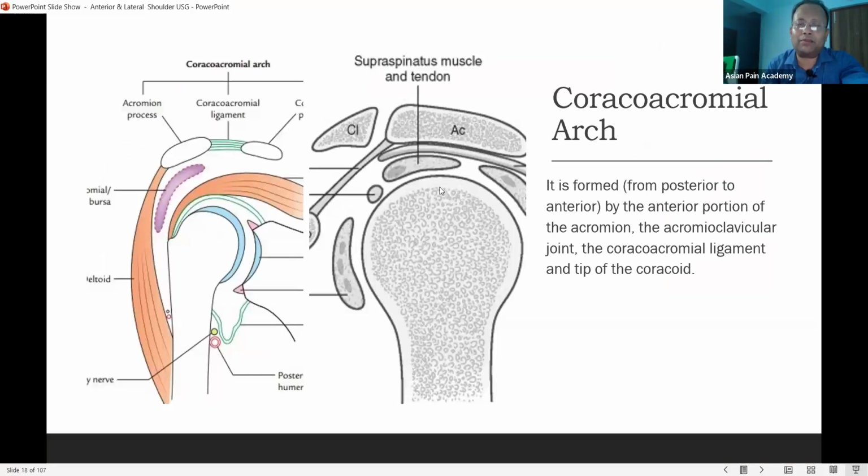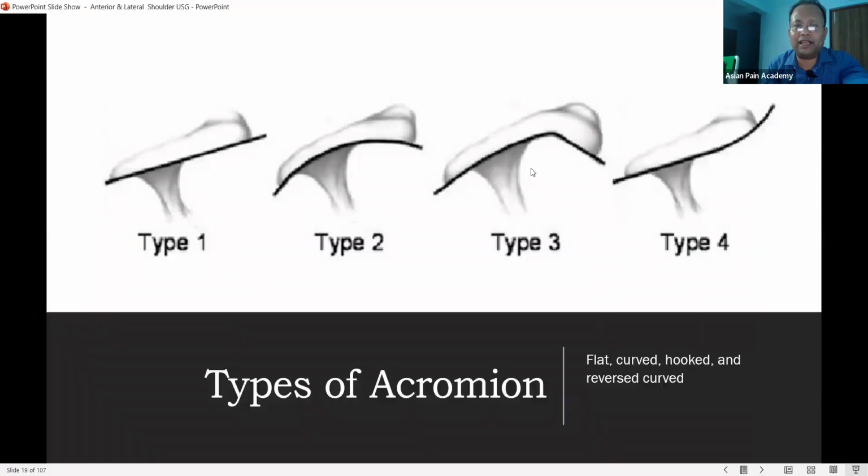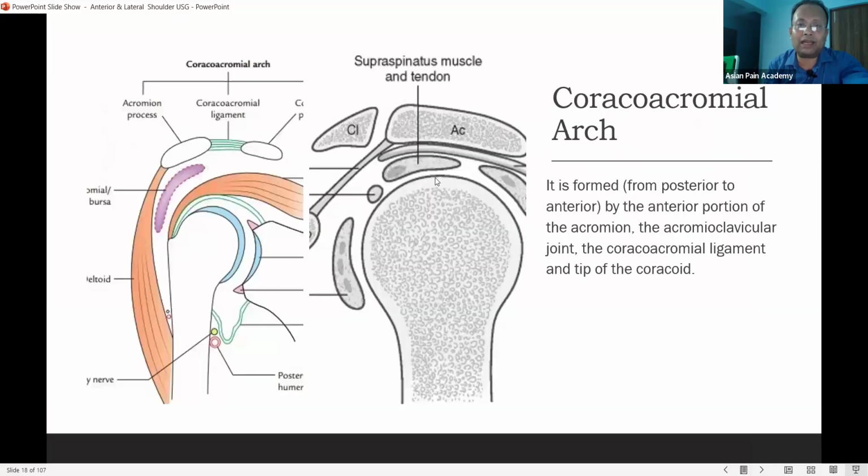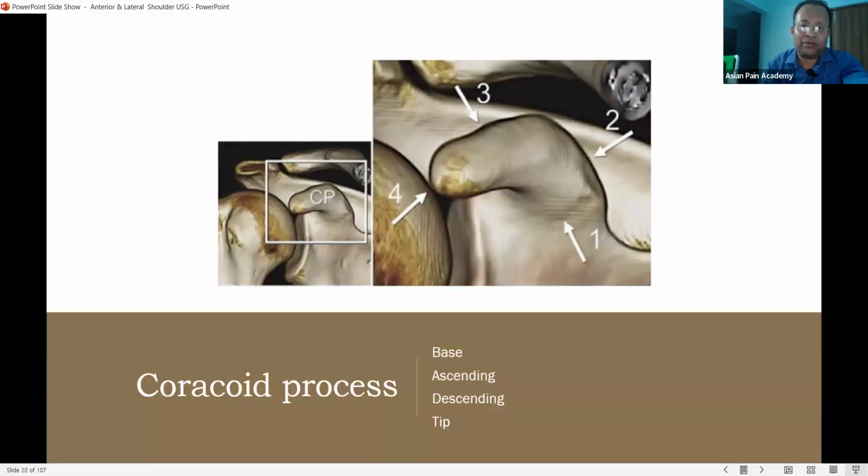That is important for the space between the coracoacromial arch and the head of humerus. So you can understand, the acromion can be flat, it can be curved, it can be hooked shaped, or reverse curved also. If it is hooked shaped or curved, then what will happen? This space will become smaller, and those patients will be prone to supraspinatus tendon compression.